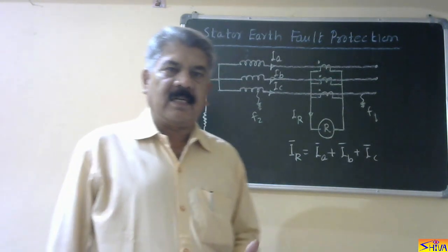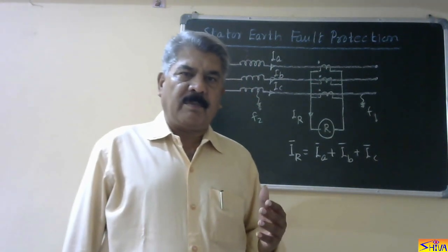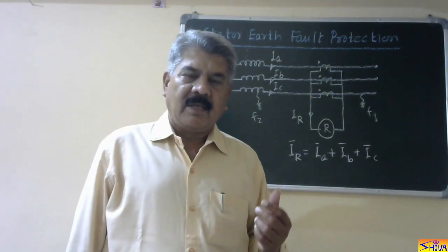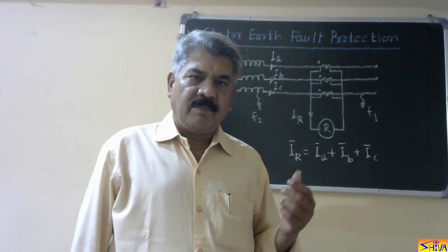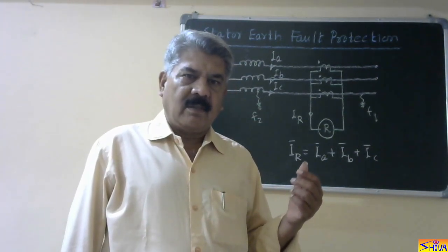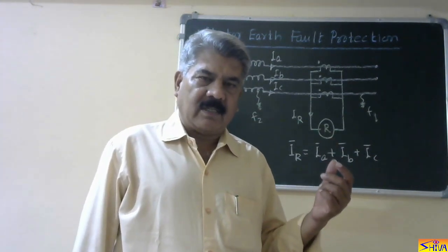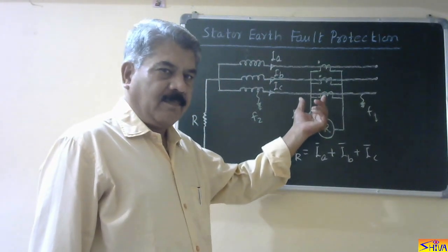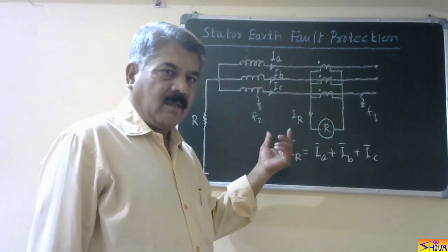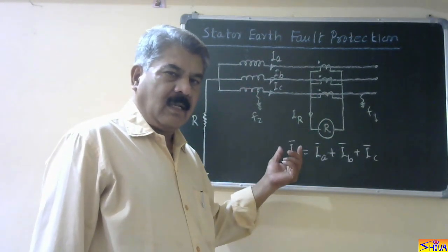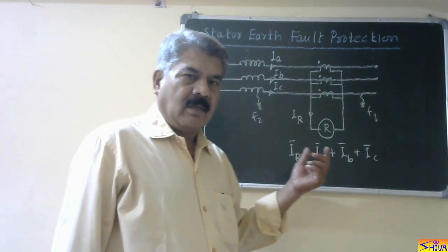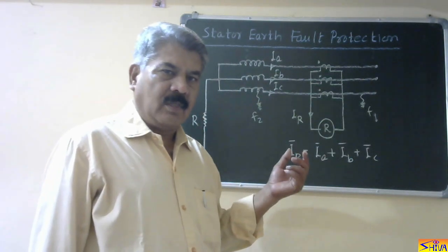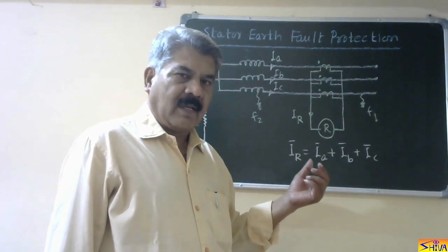Second is restricted earth fault protection. Now if you remember the stator phase fault protection scheme, that is the Merz-Price protection scheme. In that scheme also I have shown a resistance and the connection scheme: 3 CTs on this side, 3 CTs on this side, then they are connected through the relay operating coil as well as the restraining coil of the percentage differential relay, and I have shown a resistance in the neutral wire.